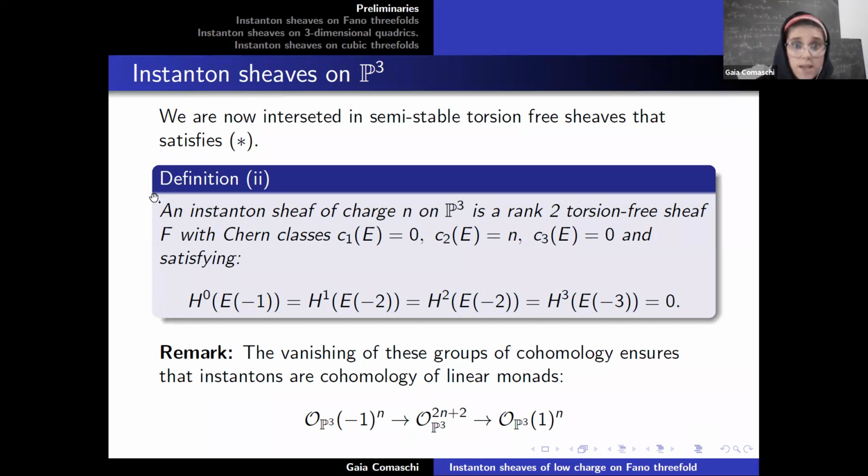An instanton sheaf of charge n on P3 is a rank 2 torsion-free sheaf having Chern classes c1 equal to 0, c2 equal to n, c3 equal to 0, and that once again satisfies the vanishing of these cohomology groups. The fact that we have this vanishing ensures that instanton sheaves can be represented as the cohomology of linear monads of this form.